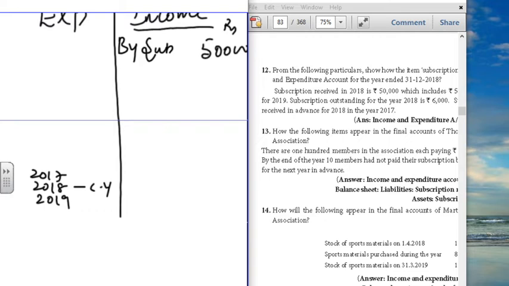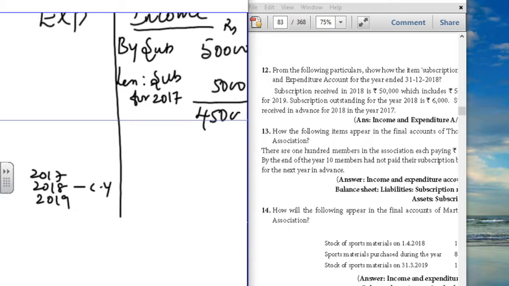So what they say is 5,000 for 2017, the previous year. So you have to minus it. So less subscription for 2017, 5,000. So the remaining will be 45,000.